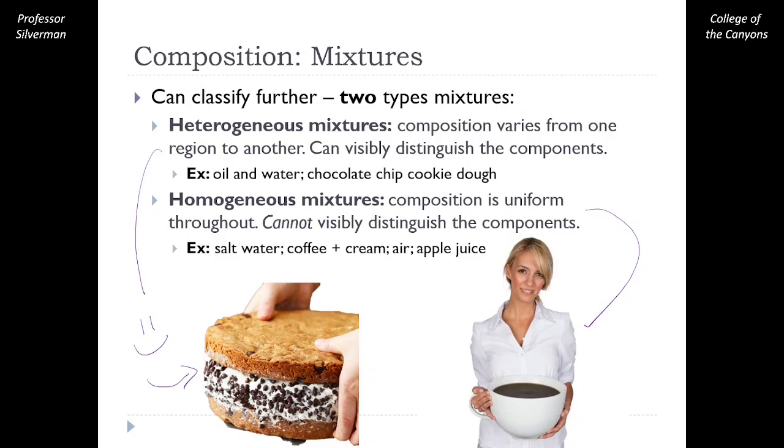Or yet another way to phrase this, we can take multiple samples and all of those samples should be the same. This is still a mixture and it might be different than another person's mixture where they change the concentration. But within a mixture, at least this concentration should be uniform.